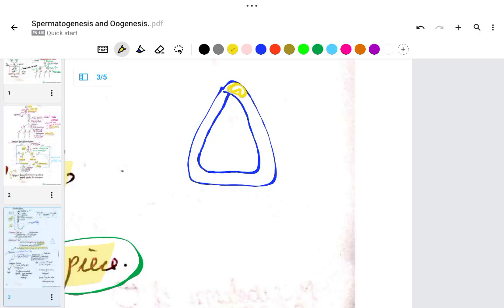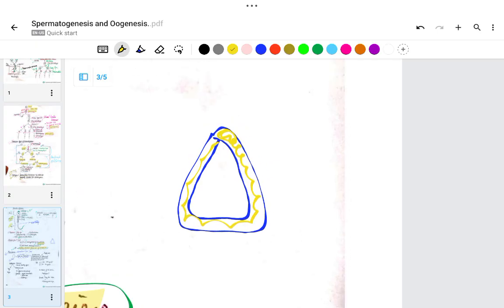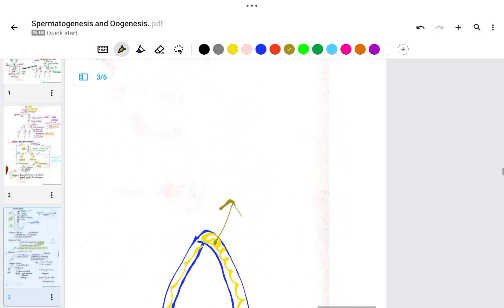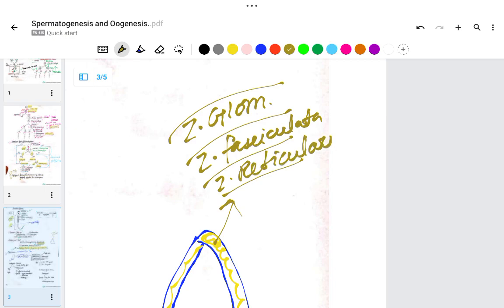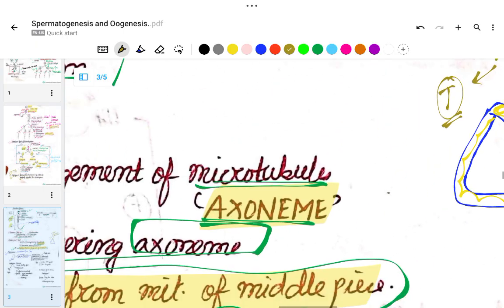The outer cortex is further divided into three zones: zona glomerulosa, zona fasciculata and zona reticularis. The zona reticularis sometimes also produces a small amount of testosterone.